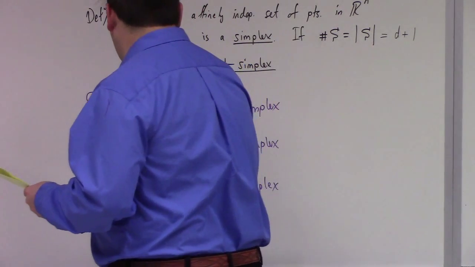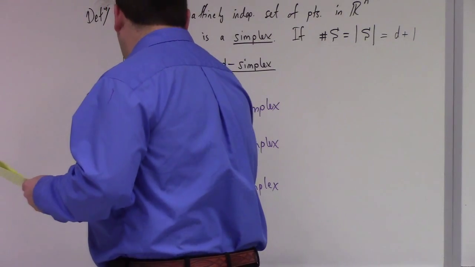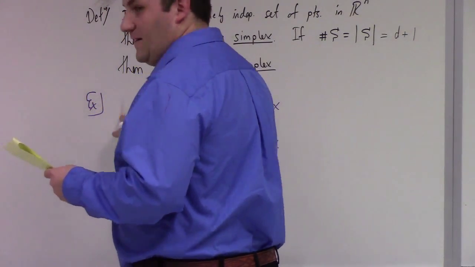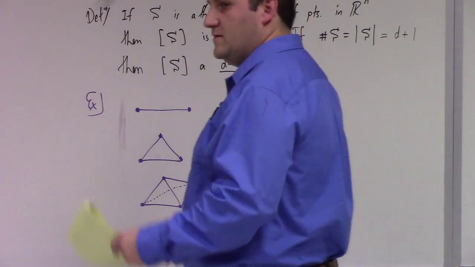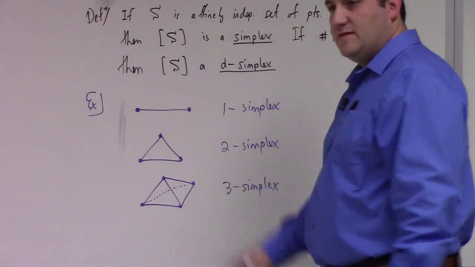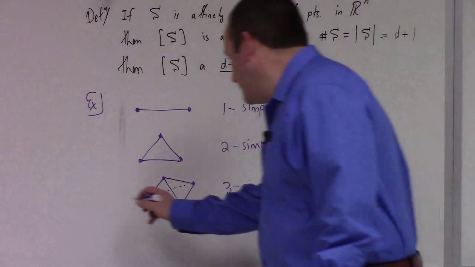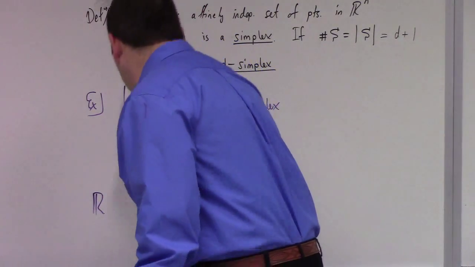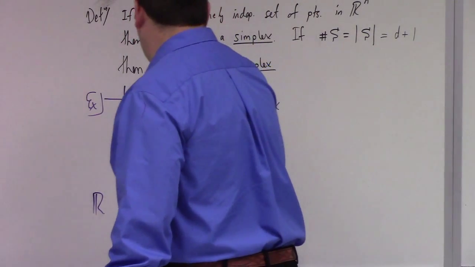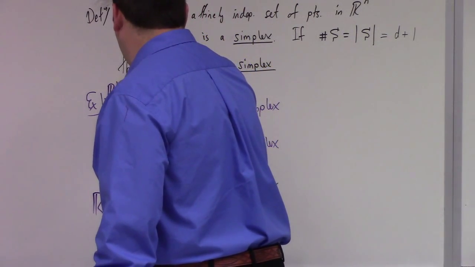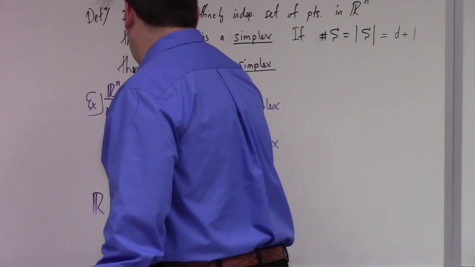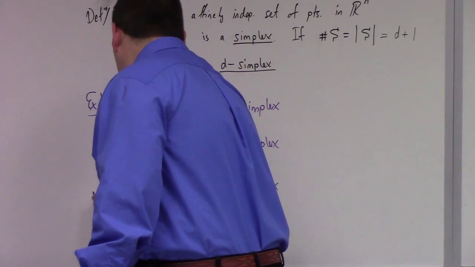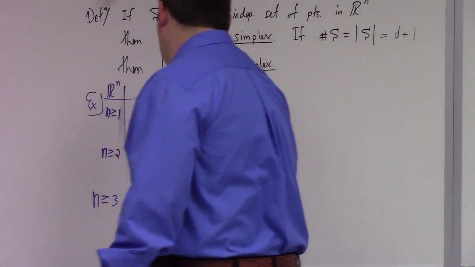You could fit this in R, and you could fit this in R too. You're drawing a pyramid, right? Yeah, that's a pyramid. So let's say we have R^n, n greater than or equal to 1, n greater than or equal to 2, n greater than or equal to 3.